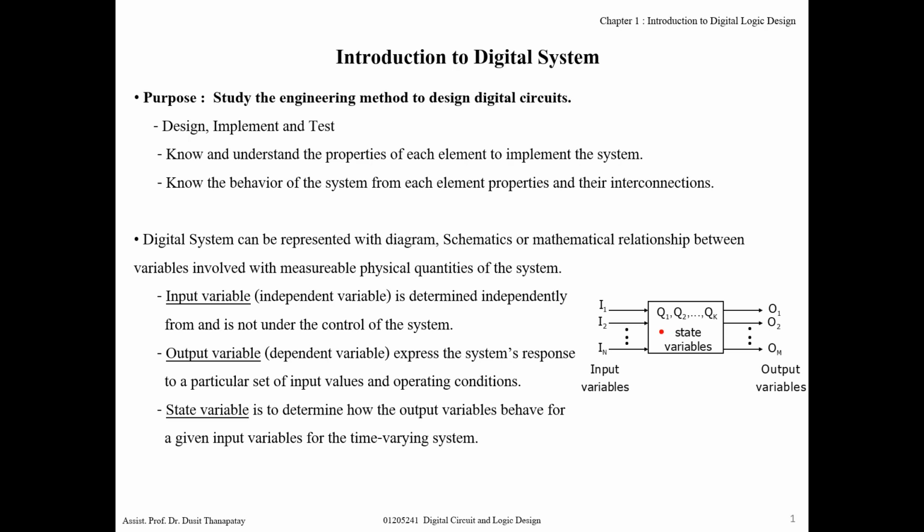Like a computer: the computer cannot control the user who keys in the input A, B, C, or 1, 2, 3, right? But the computer can control the display, the output. So the output is a dependent variable.